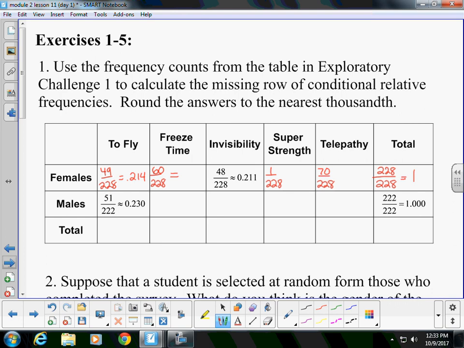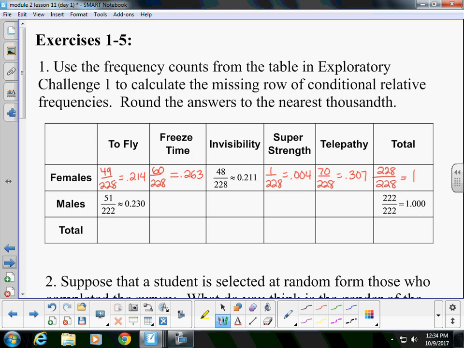For freeze time, 0.263, or roughly 26%. This is going to be our lowest one, 0.004, and that's not going to even make it to 0.5%. And this one's 0.307, which would mean almost 31%.